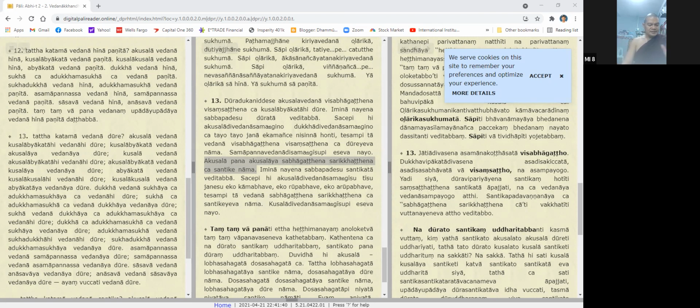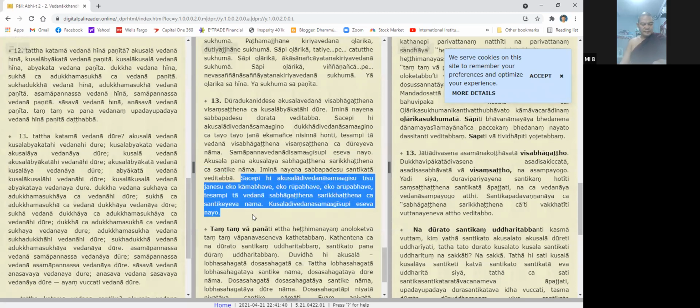So akusala is near to akusala because of two reasons. Imina nena sama presu sadikata viditapa. Here an example is given. Sache pihi akusaladi vedana samagensu. According to bhumi, one is in kama bhumi, one is in rupa bhumi, one is in arupa bhumi. This is sabhagatena.